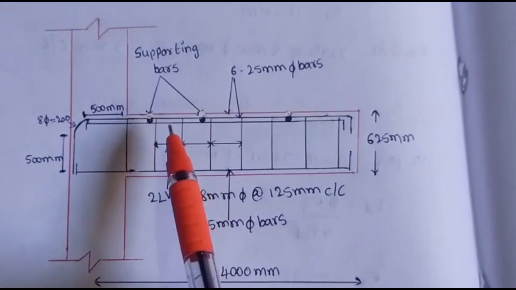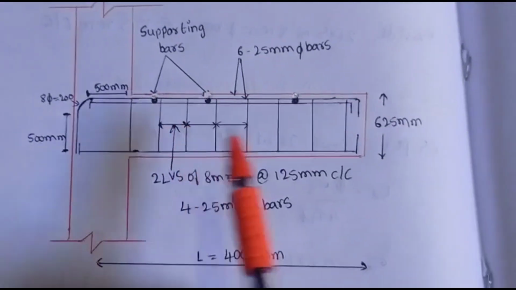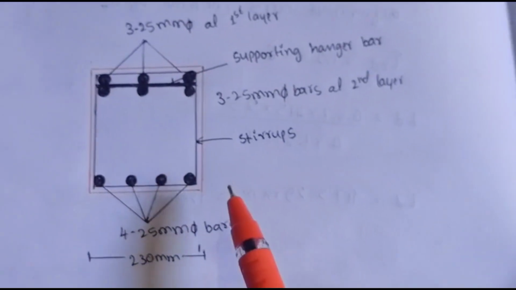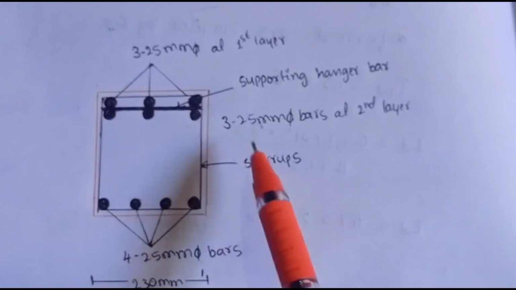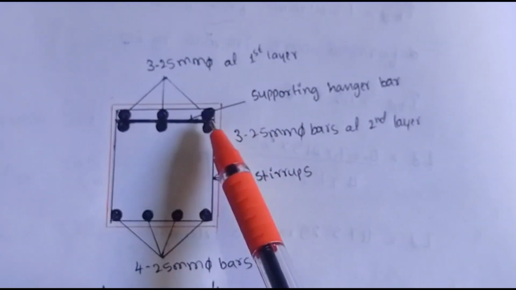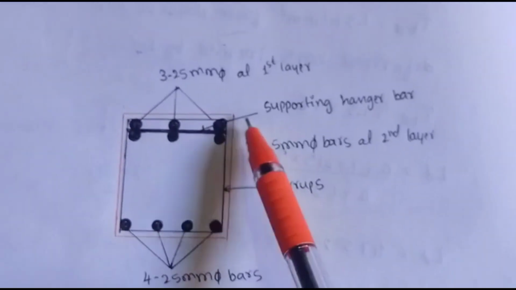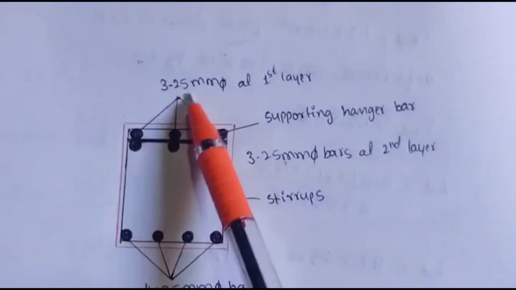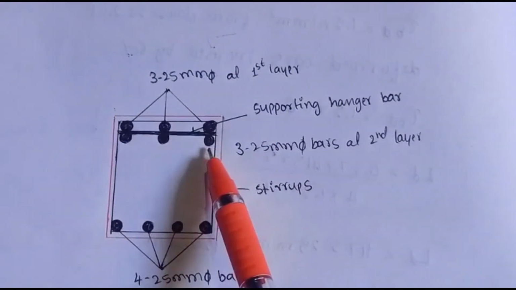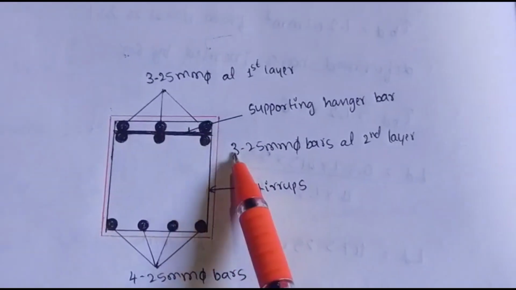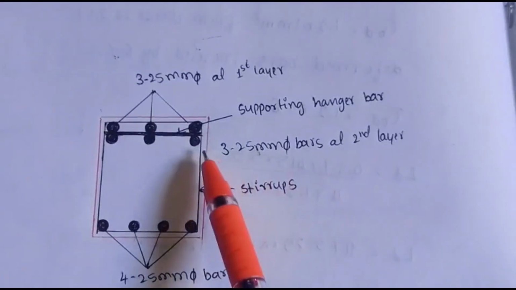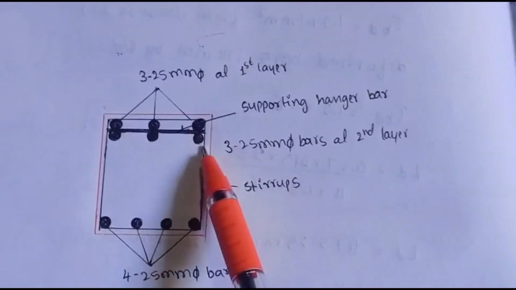In the cross section diagram, 3 numbers of 25 mm diameter bars fit in the top, that is the first layer, and again 3 numbers of 25 mm diameter bars in the second layer, fit below the first layer.